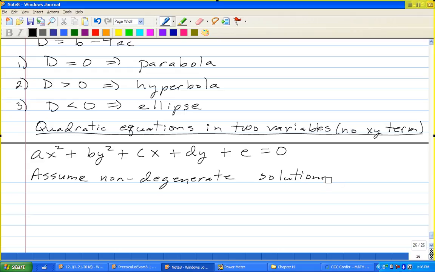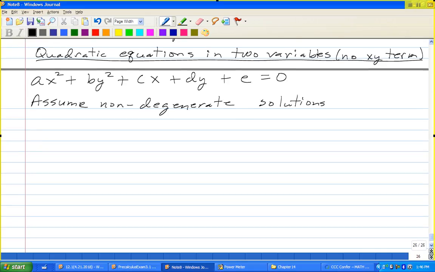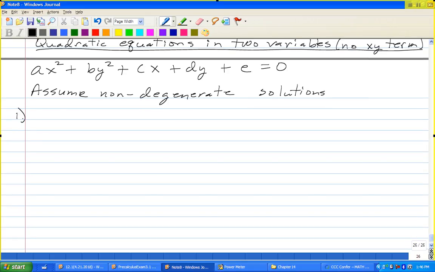So I don't want any degenerate surfaces here. Okay, so if either A or B is 0, then this will be a parabola.